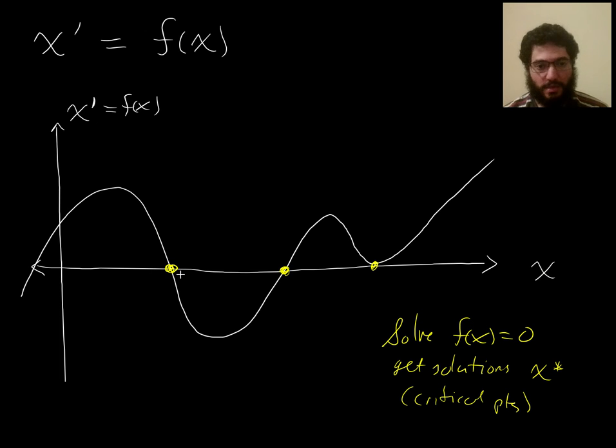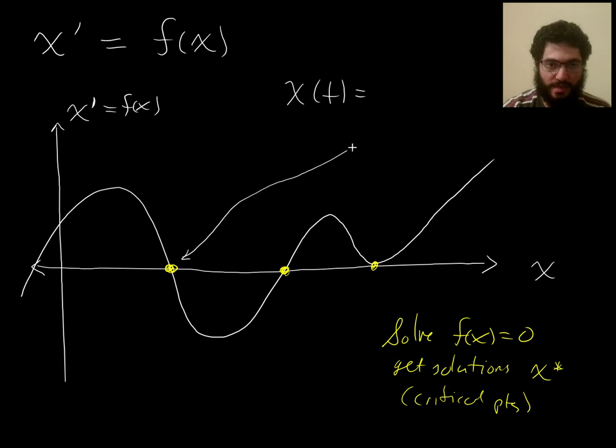Then all of these are equilibria for the system. So this starting differential equation has an equilibrium at each of these yellow points. Meaning, if at time 0 you start at one of these yellow points, then you will stay there forever. In other words, x of t equals that value of x is a constant solution to the differential equation.